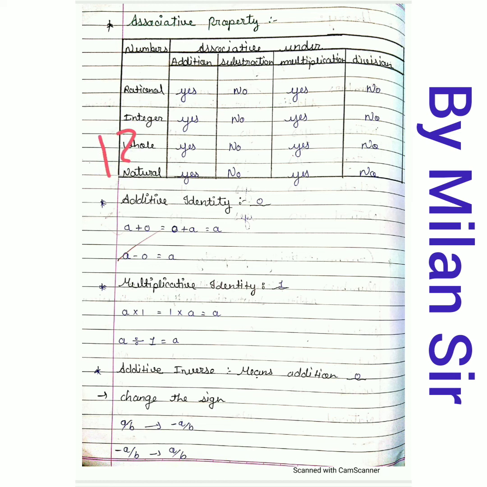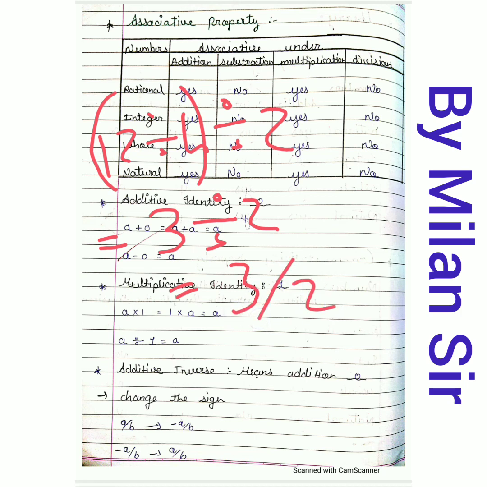Let's take some example: 12 divided by 4 divided by 2. First of all, 12 divided by 4 is 3. Then divide by 2. So finally 3/2, right? Then change the order.